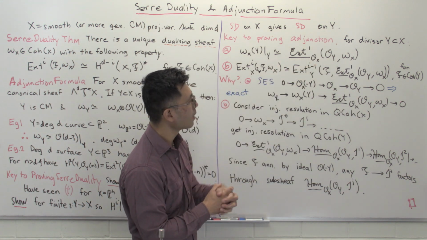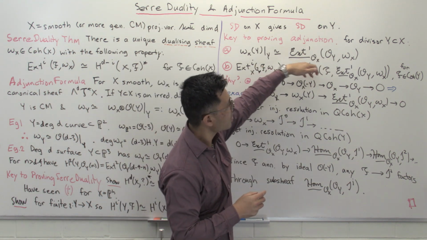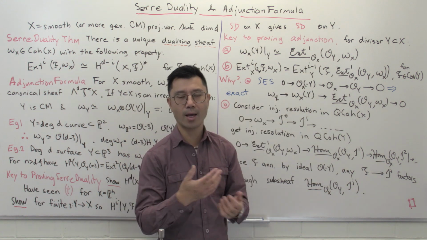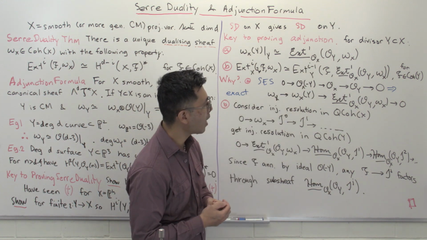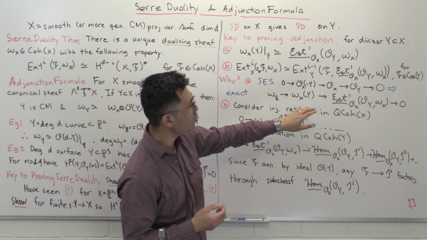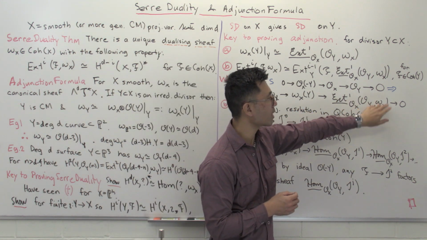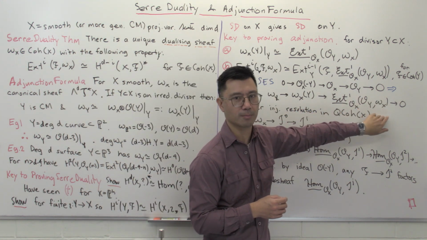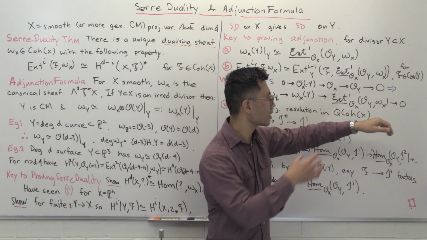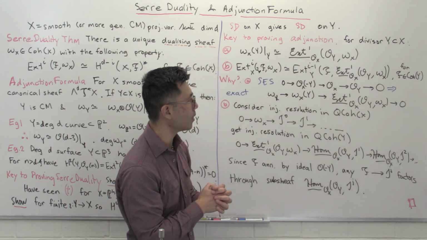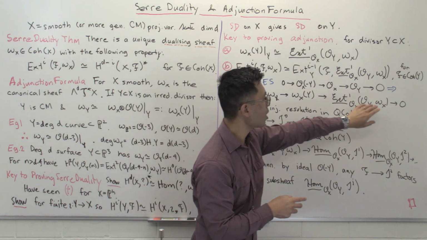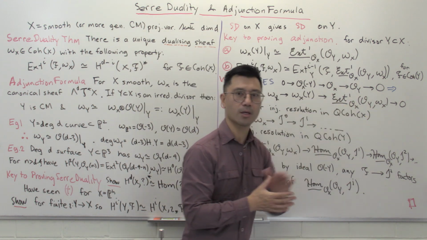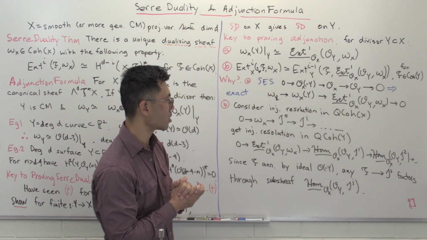So we can use this, and that tells you that there's only going to be Ext^0 and Ext^1. And as I've mentioned before, you can't map OY into omega X because this is torsion free. Nothing is going to be supported just on Y. So the only term you have here is Ext^1. That's the only thing that you have.